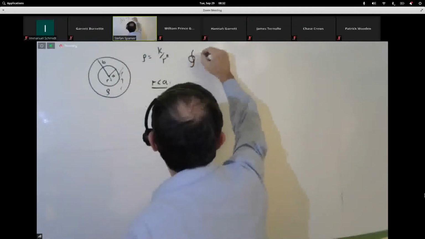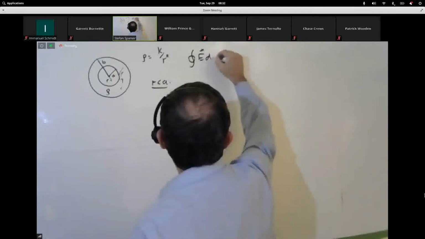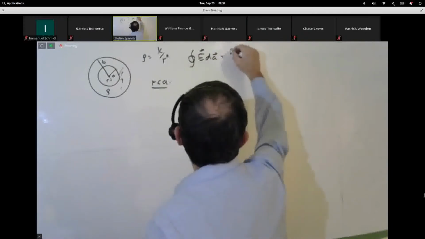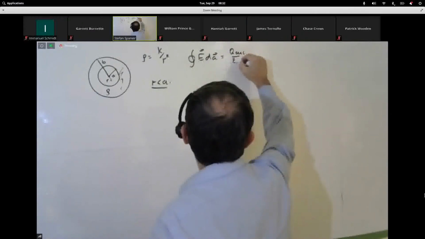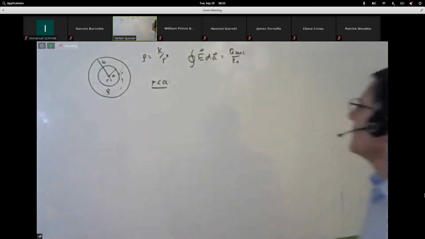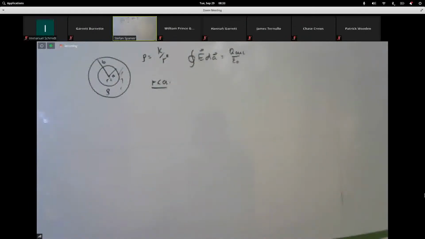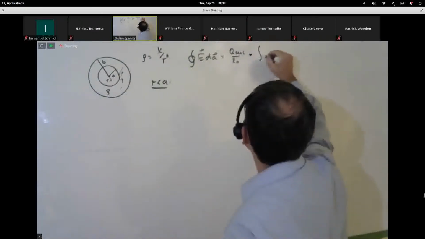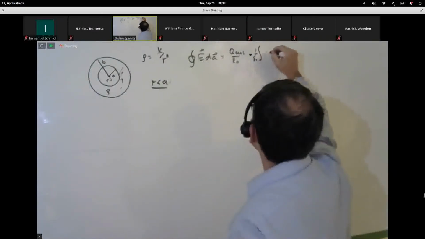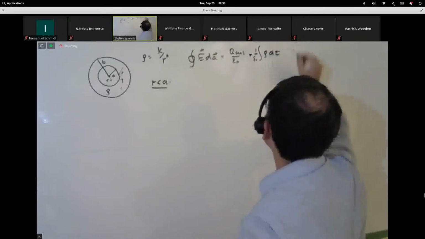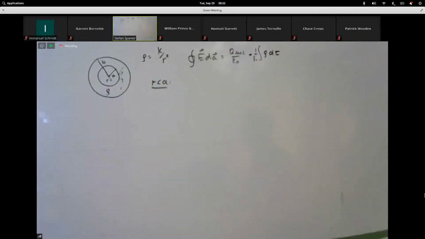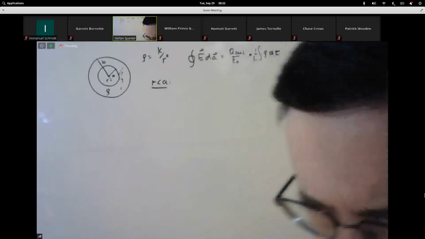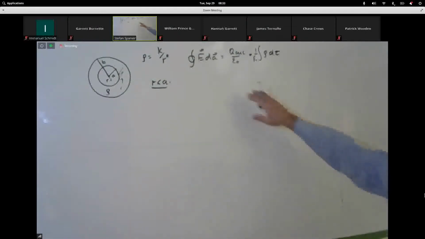E dA is Q enclosed over epsilon 0. Let's not bother ourselves with the divergence. And this, of course, we get again by doing the integration. If you were able to answer 1.5, then you know what to do here.